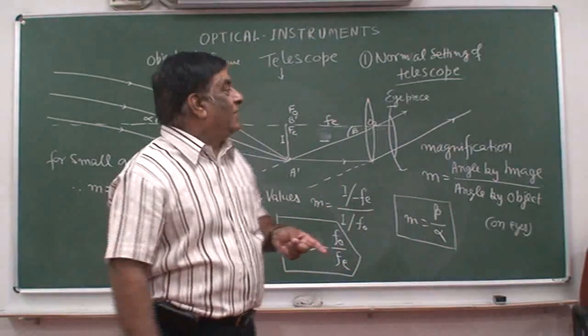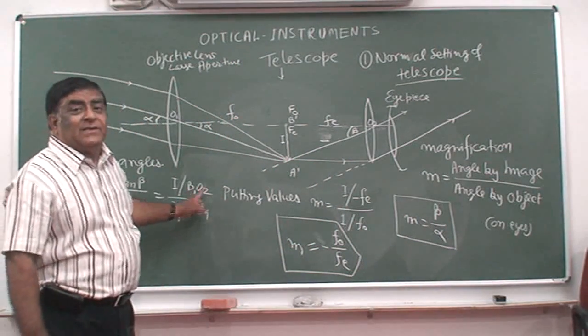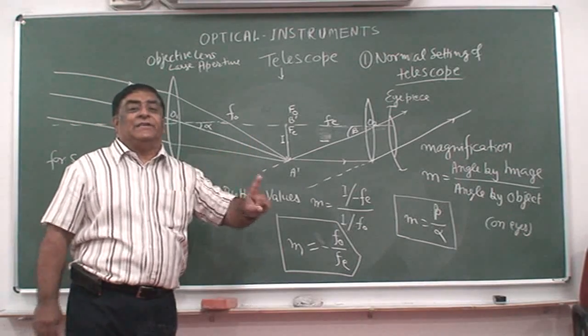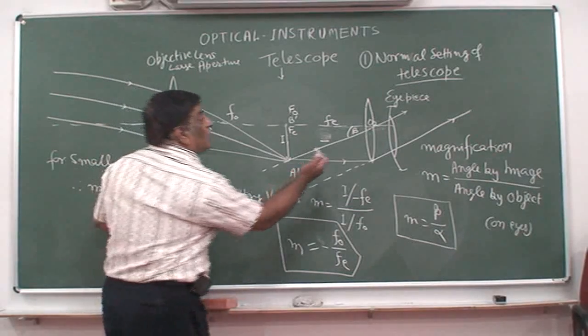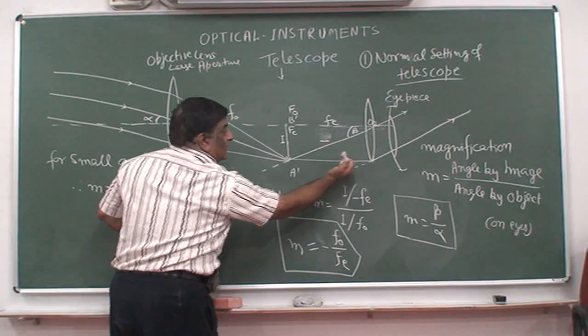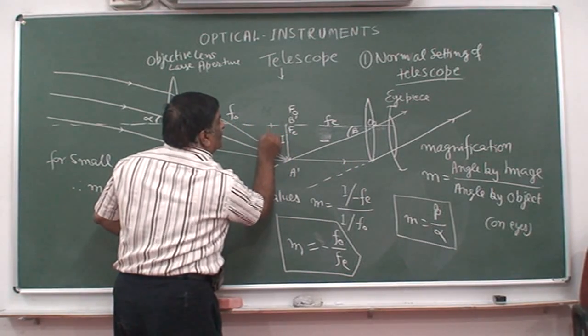You have already seen it in the microscope, and in that, where do we form the image? We form the image at the distance of distinct vision, that is D. For that, what do we have to do? We have to slide the eyepiece a little closer. Then this Fe will come here.